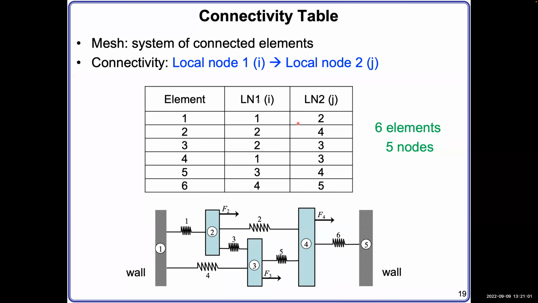Now, once we put all these things together to form this connectivity table, we will find we altogether have six elements and five nodes. So this is the most important first step when you use the direct method to analyze a 1D system of springs.